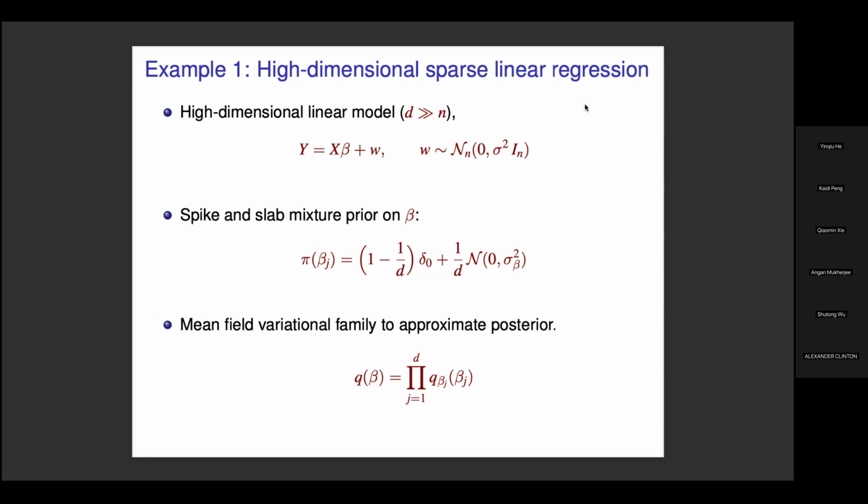If you look at the posterior distribution from this likelihood and the spike and slab prior, the posterior is actually intractable, in the sense that the normalizing constant is a sum over 2 to the power d many terms. So it makes sense to apply variational inference here. We simply use the mean field variational family to approximate the posterior, which assumes independence of the beta j's.